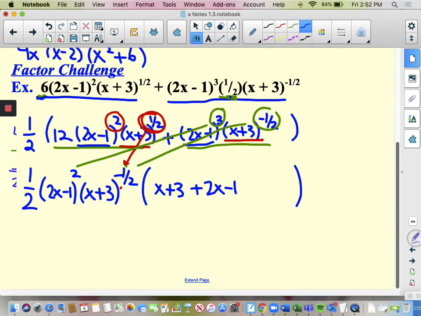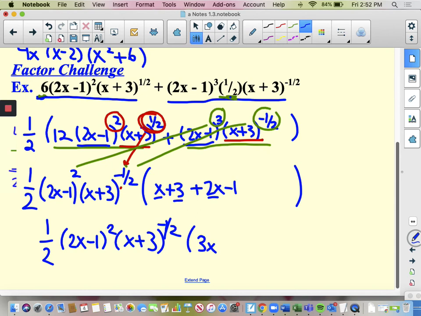And then I just gotta simply, oh, I make that sound so easy, simply combine my like terms here in my final big parentheses. So x plus 2x, 3x, 3 minus 1 is plus 2, and there you have it, your final factoring.